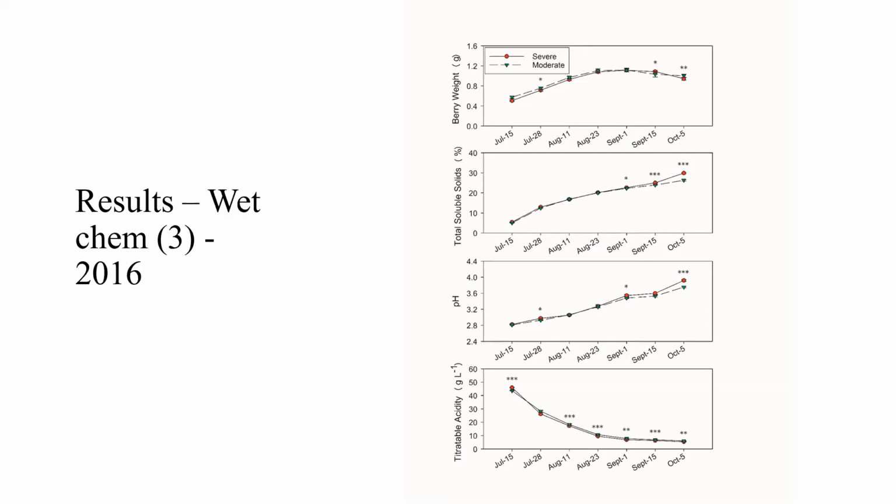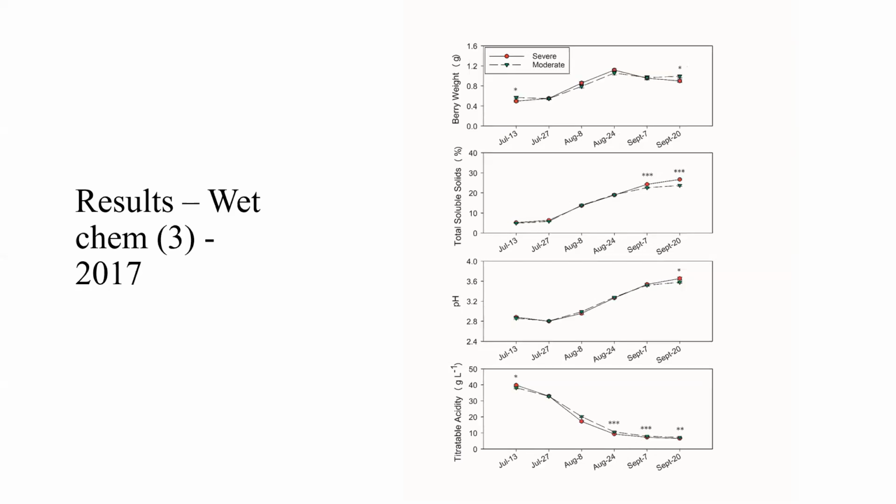And in 2016, the severely water stress zone reached about 30 brix, which was high, compared to the 27 brix in the other zone. pH was higher at harvest, and TA was consistently lower in the severely water stress zone through the whole year.